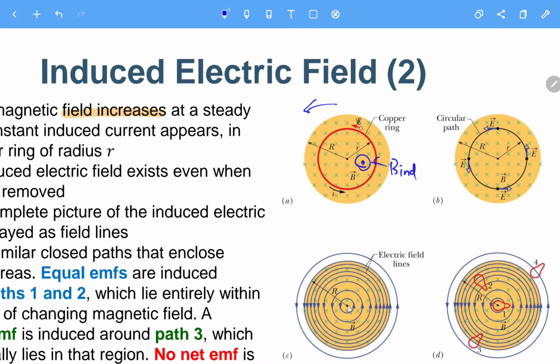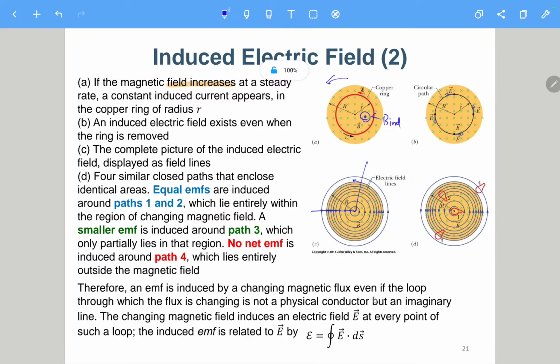For example, if you draw a line here, then for all these points, the B field is pointing downward. And if we draw a line here, then all the B field there is pointing that side. So it's just like using the right-hand rule to determine the direction of the induced E field.